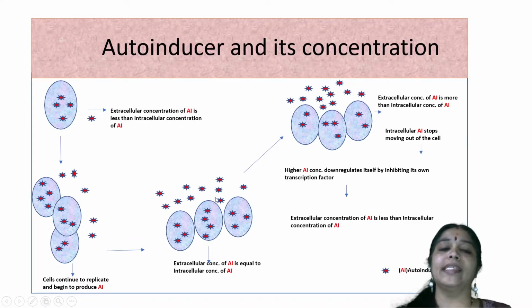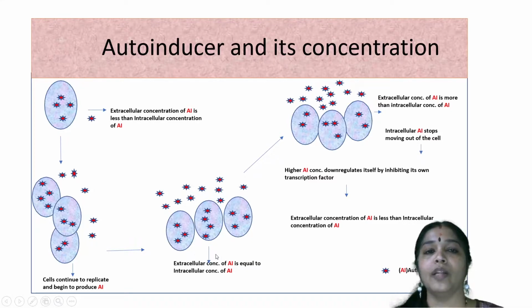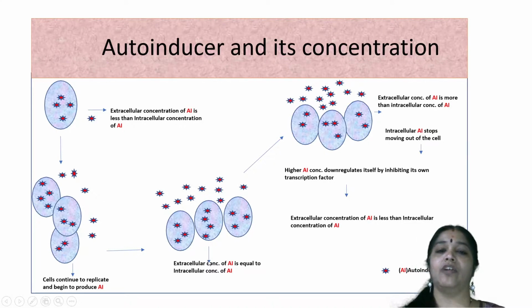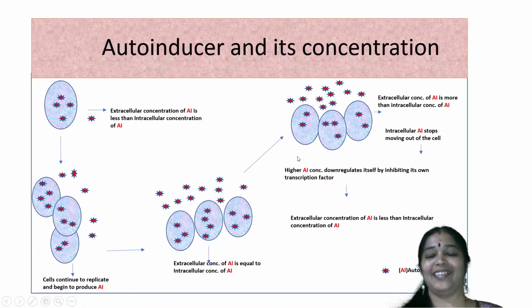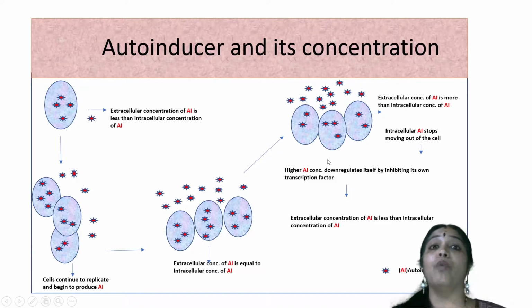Further, you can see that as the cell population increases, the extracellular concentration of the autoinducer will be equal to that of the intracellular concentration. As the population density progressively increases further, the extracellular concentration of autoinducer will be more than that of the intracellular concentration.